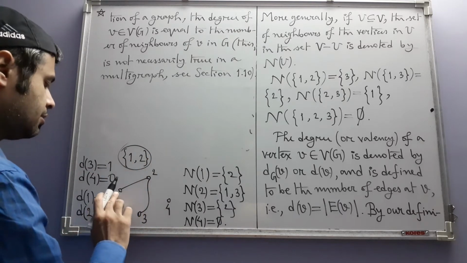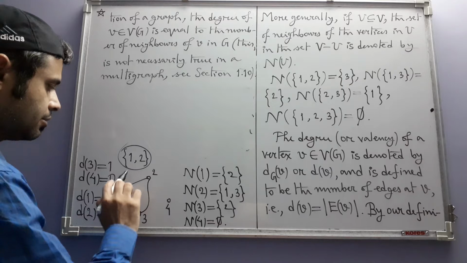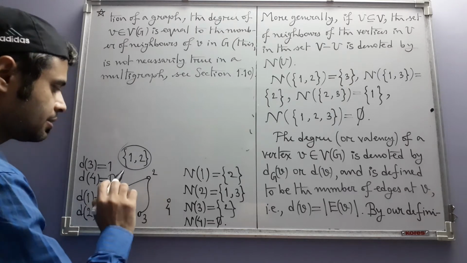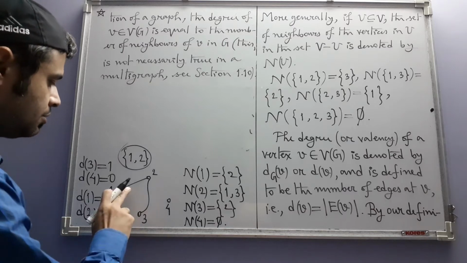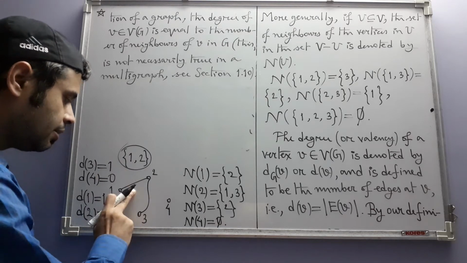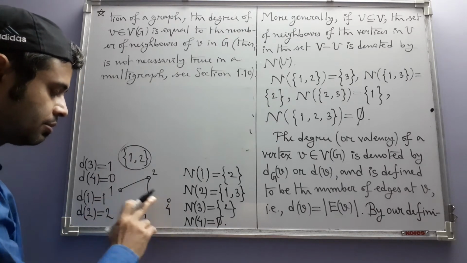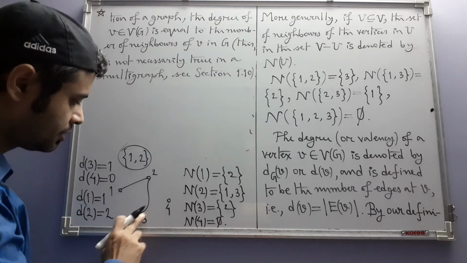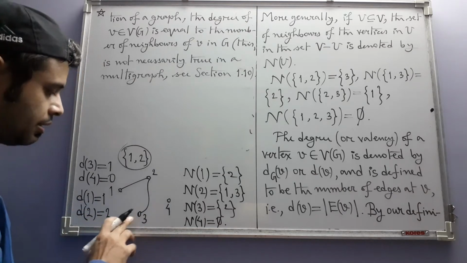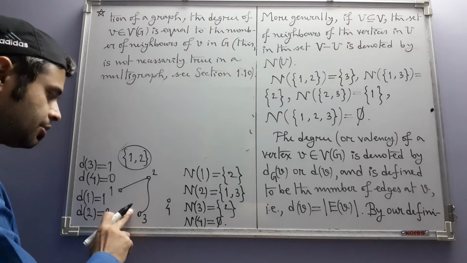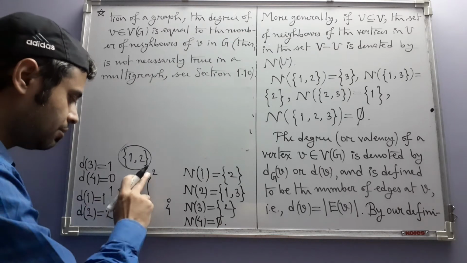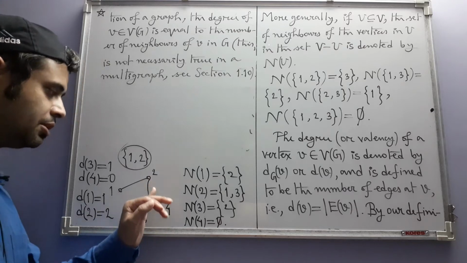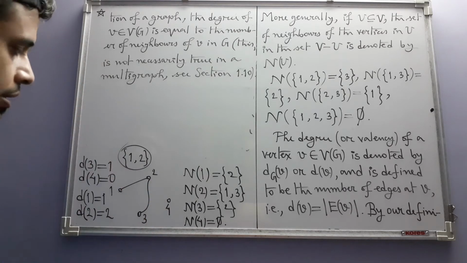And we also see that according to our definition, two vertices determine a single edge. Either they don't determine any edge, for example 3 and 4 don't determine an edge in this graph, 3 and 2 do determine an edge, but whenever there is an edge between two vertices, there is only one edge.